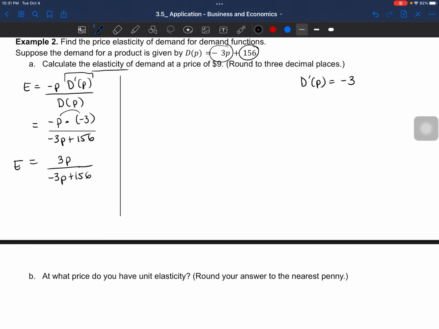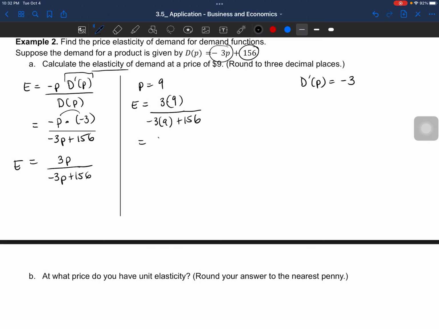And so what we ask now is, let's find this elasticity for a particular price. The price is $9. So let's go ahead and plug in 9 now for p. So 3 times 9 and negative 3 times 9, replacing every p with 9. All right, there you go.